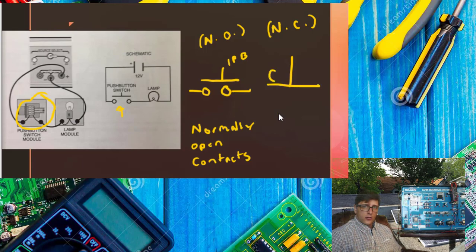The circles are on the other side, indicating that it's touching. This is 1PB, which is push button. That's another way of indicating it, and again it's the same thing as saying normally closed contacts.